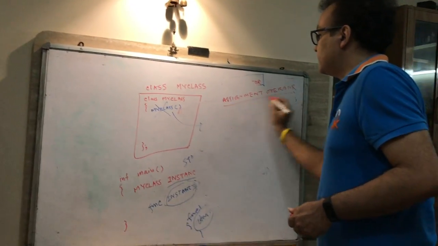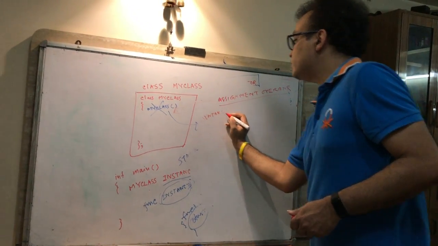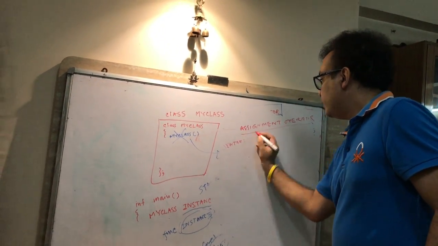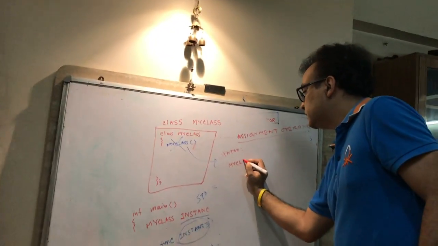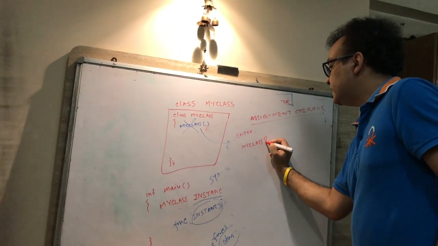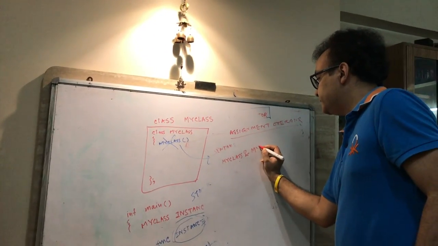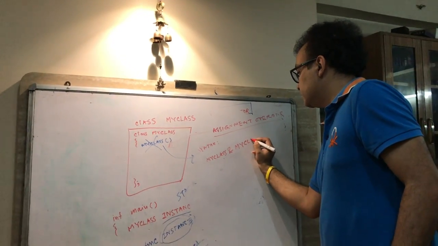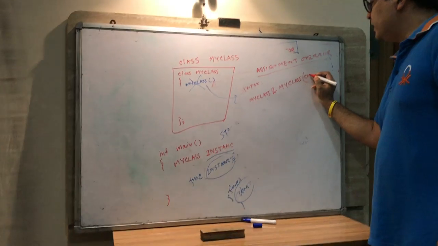Now what is the syntax? And I think we should remember it. When you write an assignment operator, you write the reference as a return type, you write the name, and an argument.